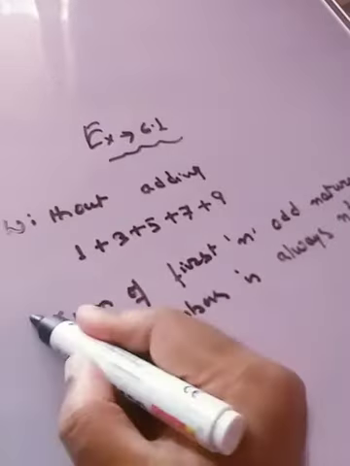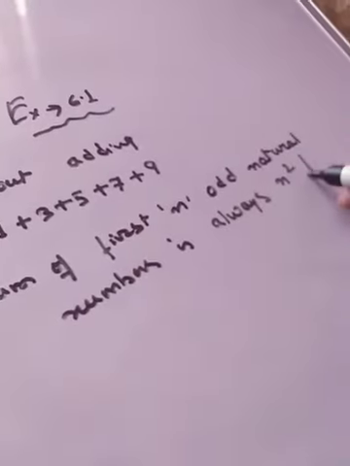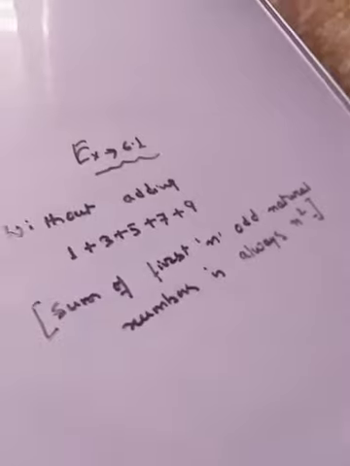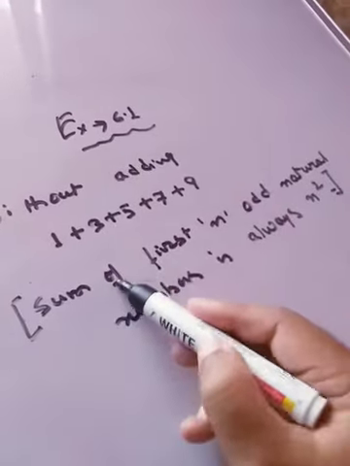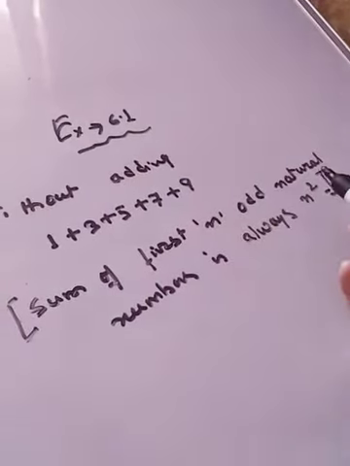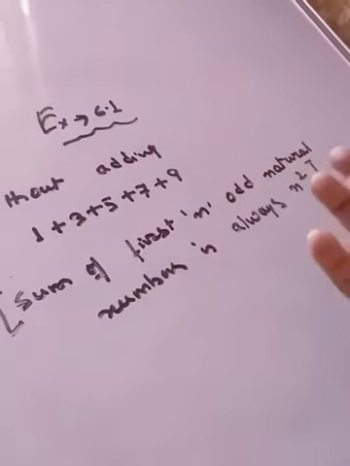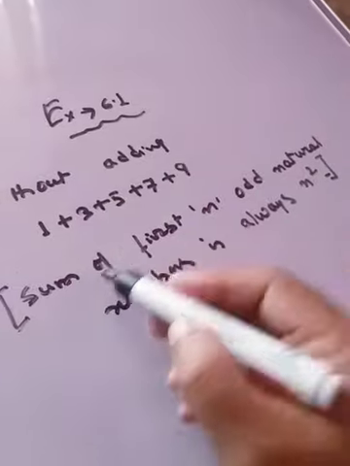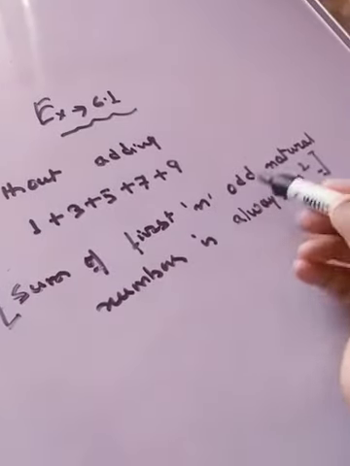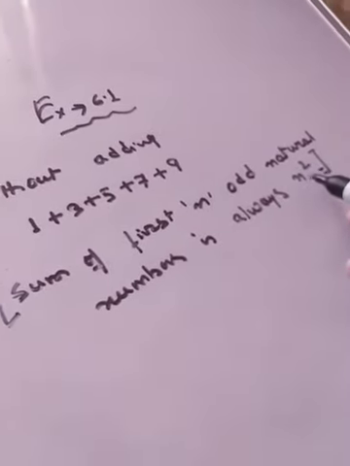Okay, what I wrote, this is how exactly we will solve this. So what I said, the sum of the first n odd natural numbers. N means how many times I have written the odd numbers.